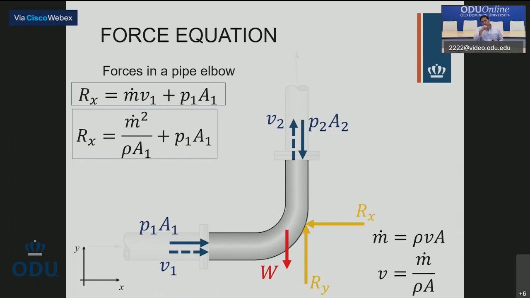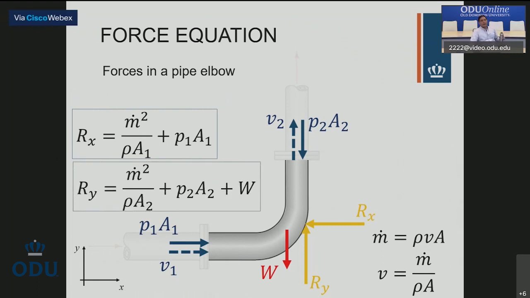Think for a second, and you'll see that it is correct. See, this m dot is in the numerator, goes here, multiplies this m dot, it becomes m dot squared. And in the denominator, I have density times area, and I'm writing 1 because it's the area at point 1. And if I do similarly with RY, this is what I get.